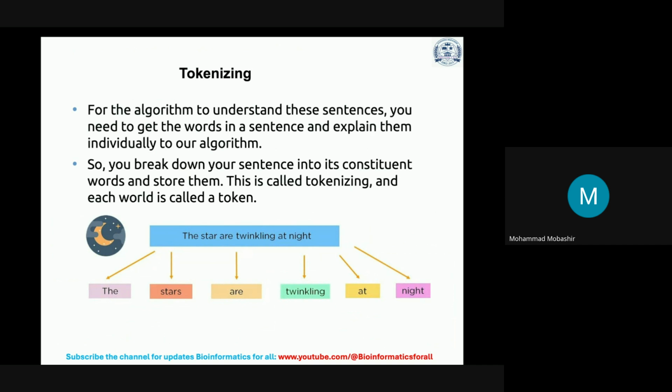So you break down your sentence into its constituent words and store them. This is called tokenization, and each word is called a token. Here there is a sentence: the stars are twinkling at night. There are 6 words in this sentence, which means there are 6 tokens.